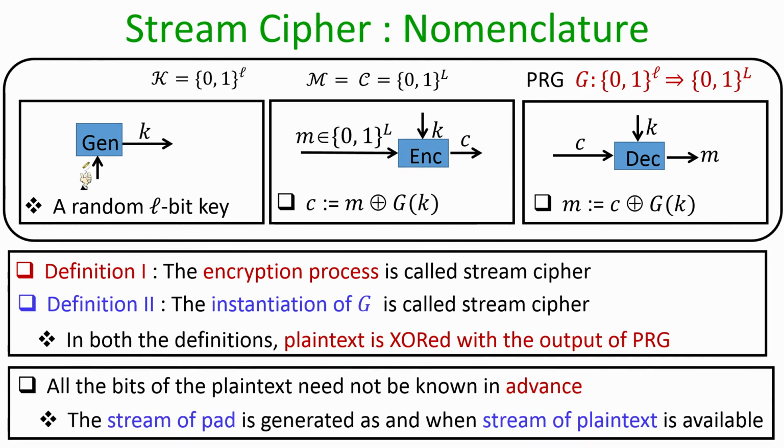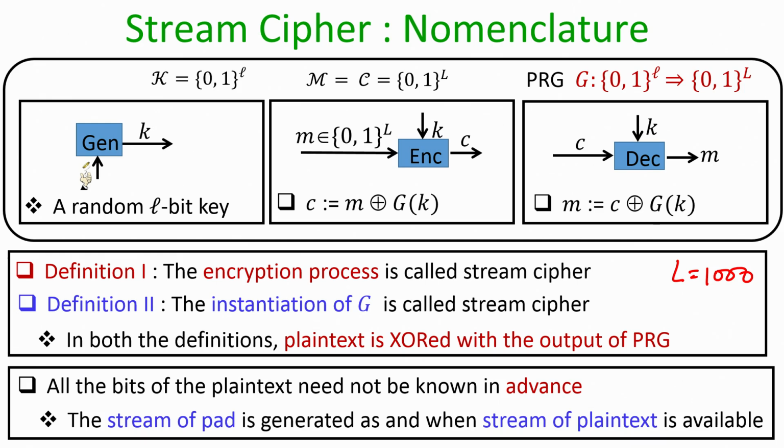Now, the reason that this whole encryption process is called a stream cipher is that all the bits of the plain text need not be known in advance. For a moment imagine that your capital L is say 1000. That means you want to design an encryption process which can encrypt messages of length 1000 bits.